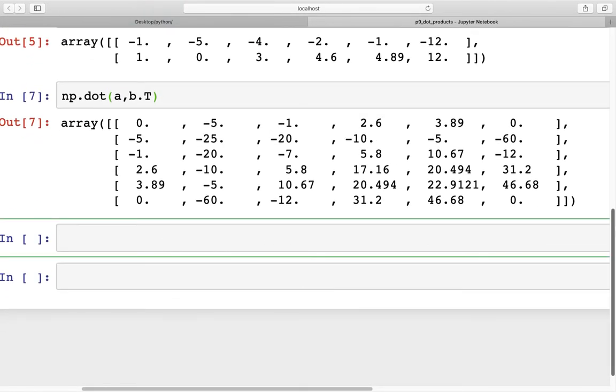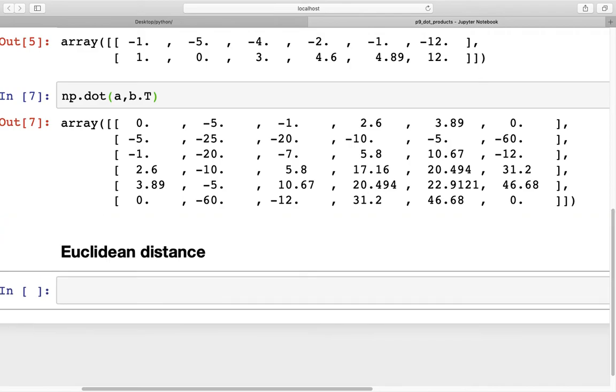Now let's look at how to calculate Euclidean distance. There are two libraries that we can use to calculate the Euclidean distance. One is the SciPy library, so let's import that library.